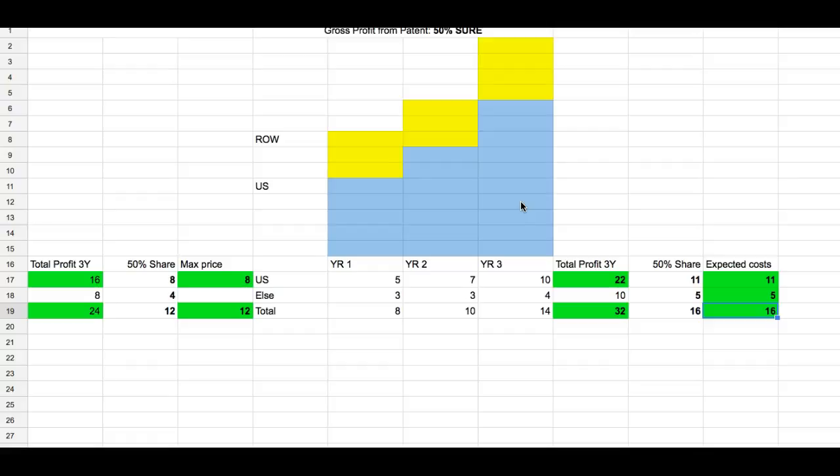Actually, it's a little bit different, because what I want to say here is that this is what I expect. But if I'm more conservative, I say, well, I expect to make $32 million in profit.